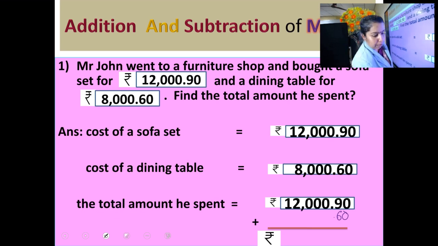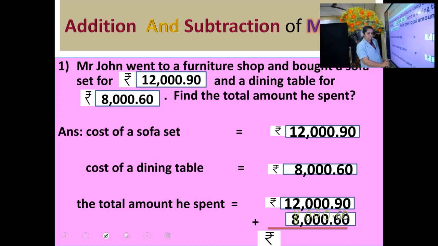First put a point, then write 60. Then here is the ones place, so you have to write 0 just below the ones place of the first number. Then 0, then next 0, then 8. Otherwise, your calculation will be wrong. Is it clear? You have to write very carefully there.